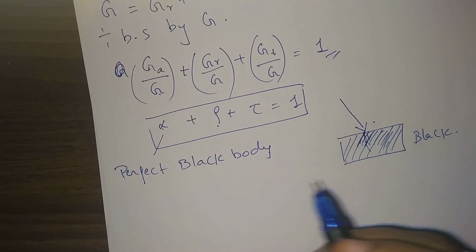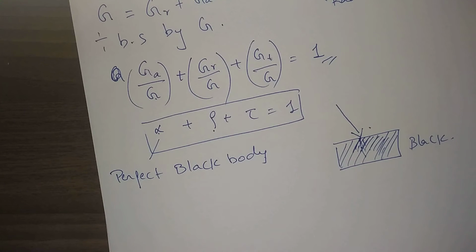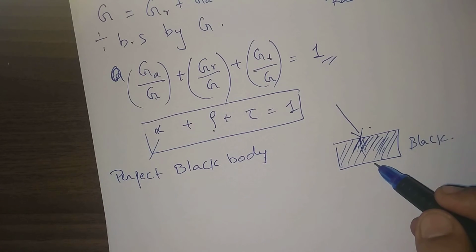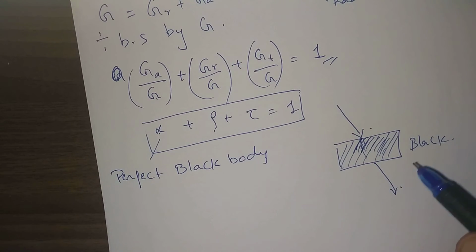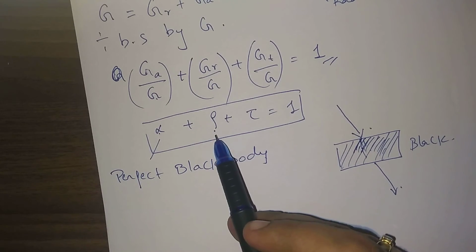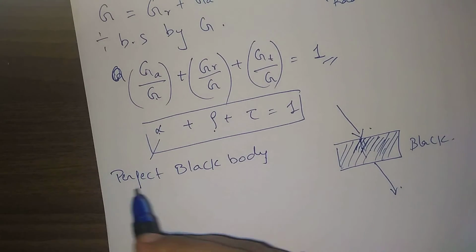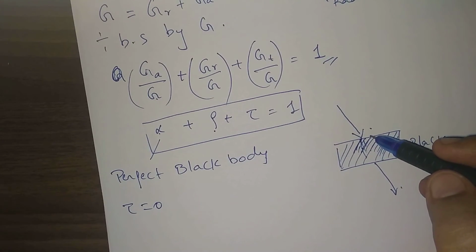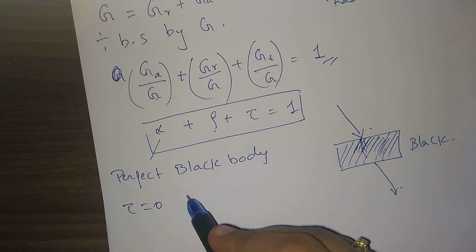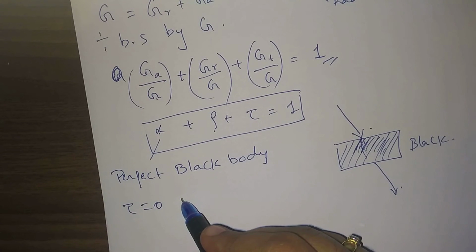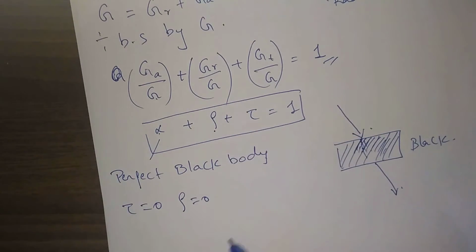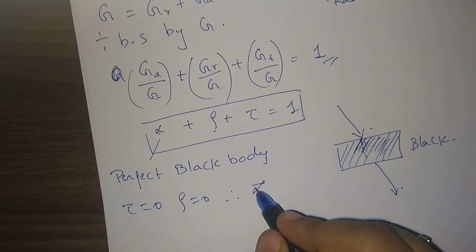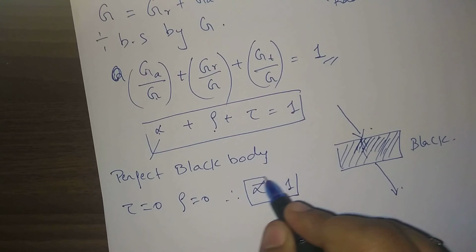Understood? So for a black body, which are the things that are 0? It will never allow any radiation to pass through it, so transmittivity is 0. Yes or no? So tau will become 0. And it will not allow any radiation to reflect back, so rho also becomes 0. Therefore alpha will be equal to 1 for a black body.